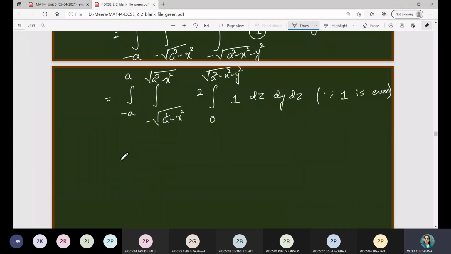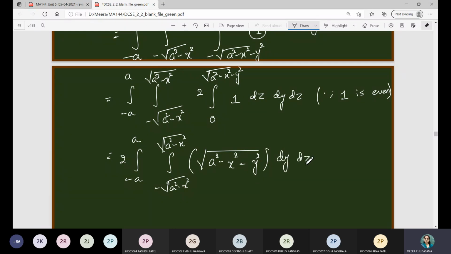So I can take 2 outside: minus a to a, minus square root of a square minus x square to positive square root of a square minus x square. The integration gives z, varying from 0 to positive square root of a square minus x square minus y square. So I will write a square minus x square minus y square.